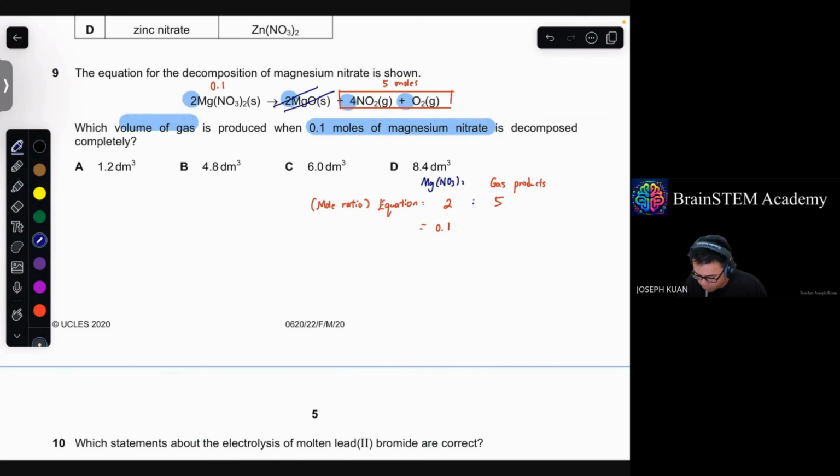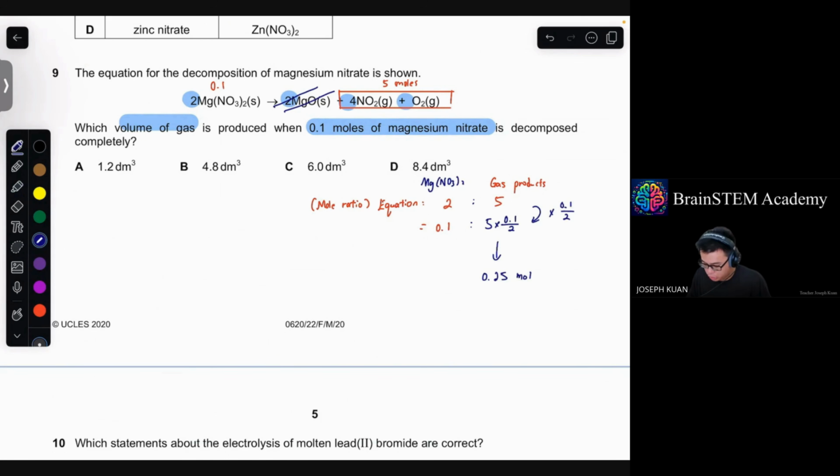Since you're using 0.1 moles of magnesium nitrate, it's essentially a fraction of 0.1 out of 2. That's the conversion factor. So you take 5 multiplied by 0.1 over 2, and you get the number of moles of the gaseous particles. That will be 0.25 mole.